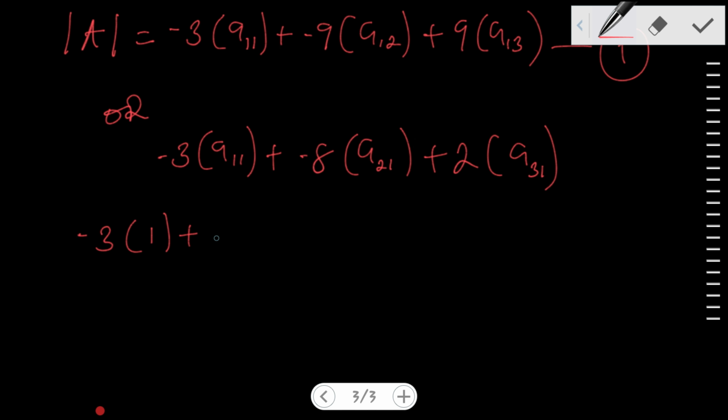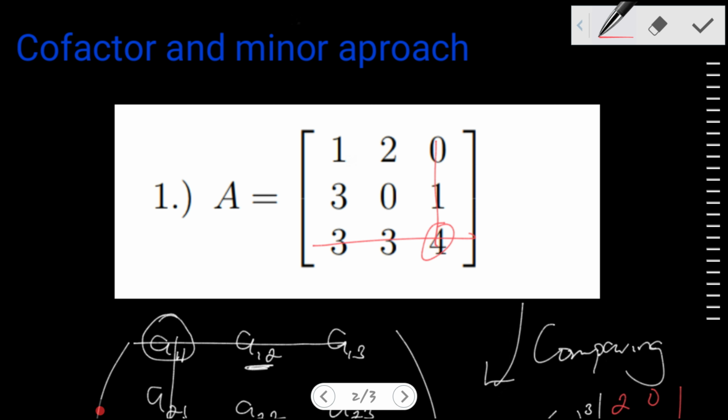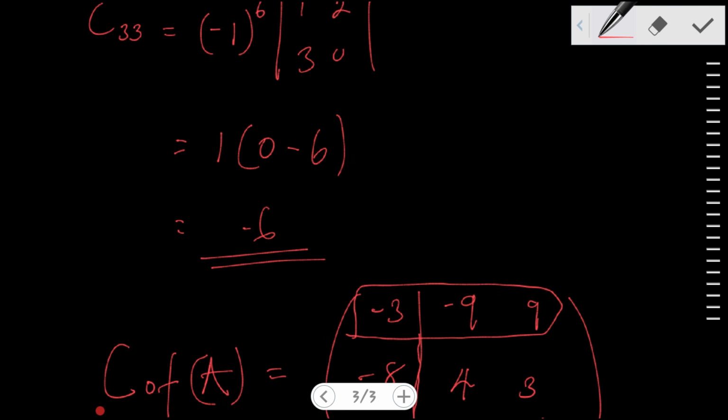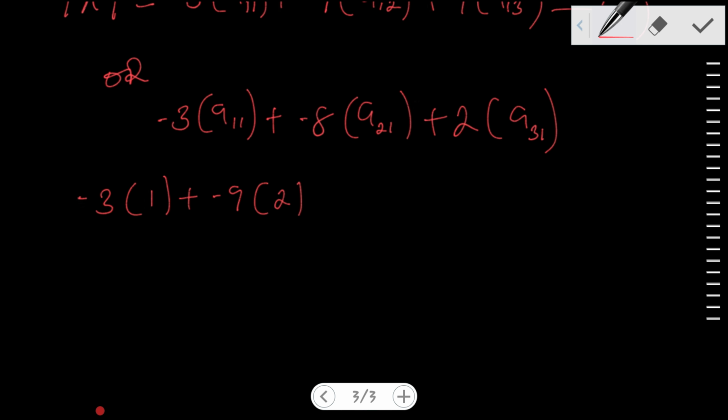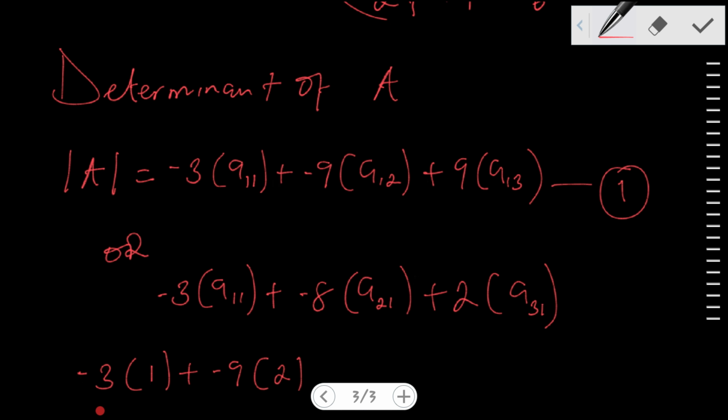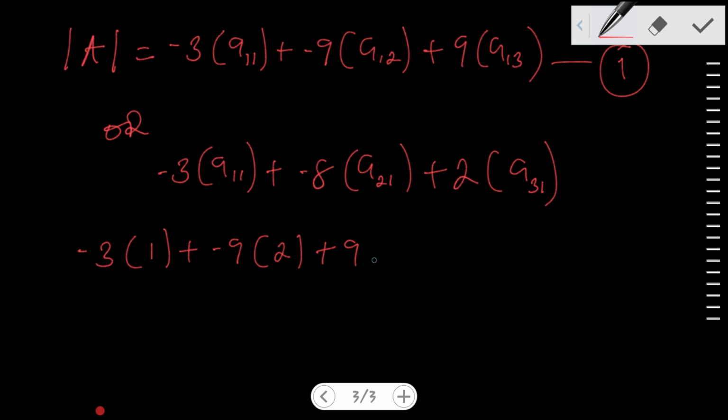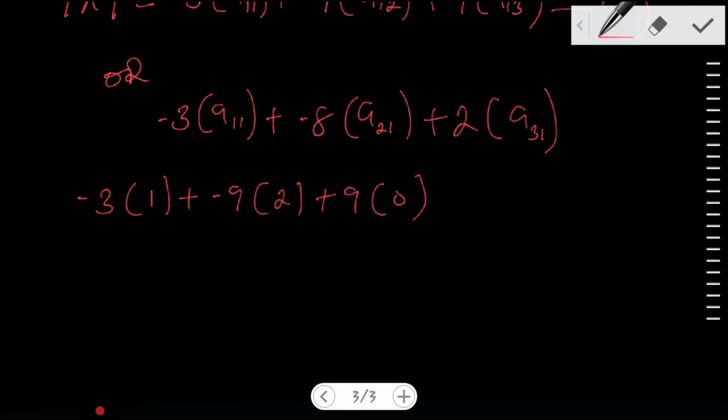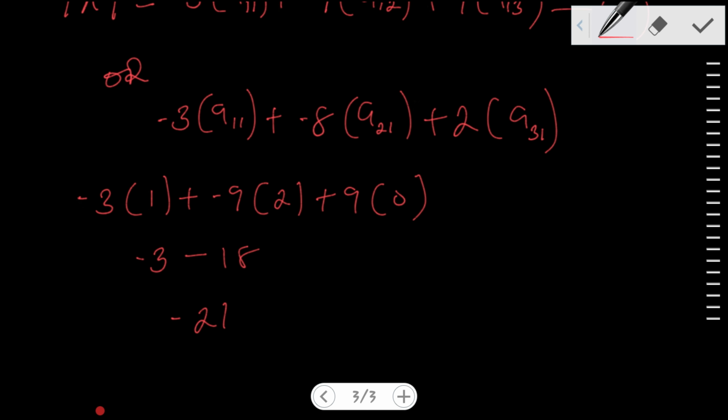Then plus -9 into, I think this is 2, let's find out, which is 2. Then plus 9 into 0, right? So here I'm having -3 minus 18, right? So this gives me -21 as the determinant of A.